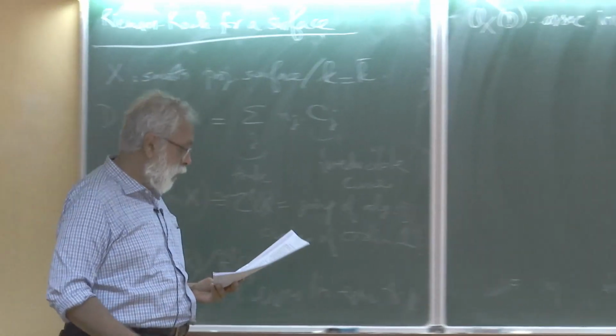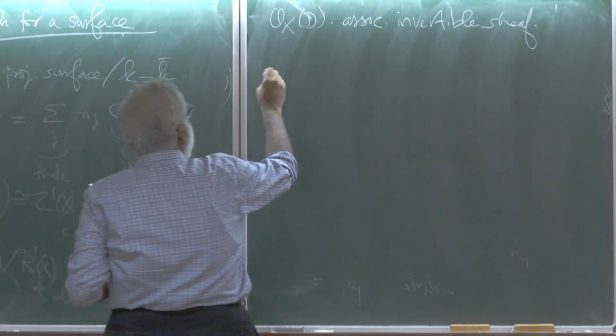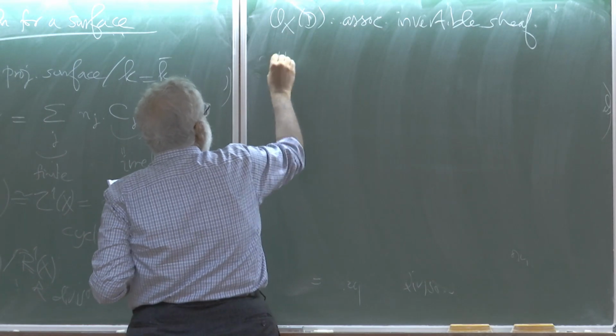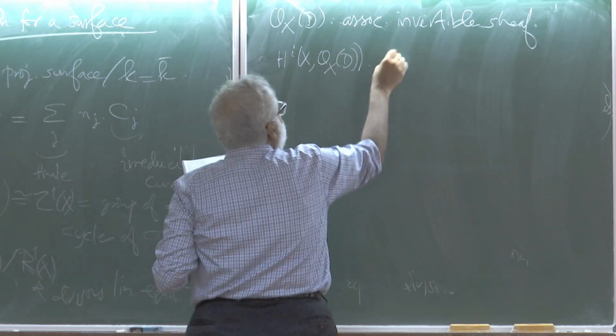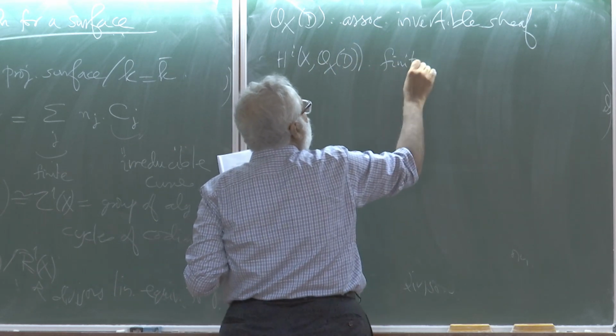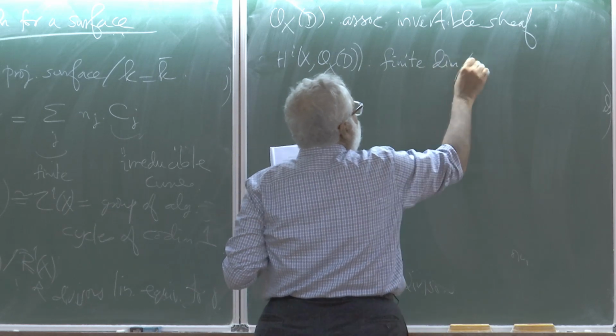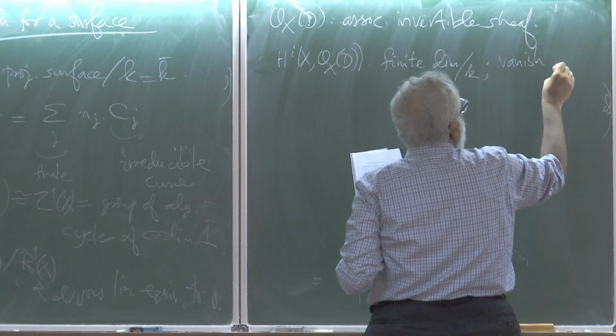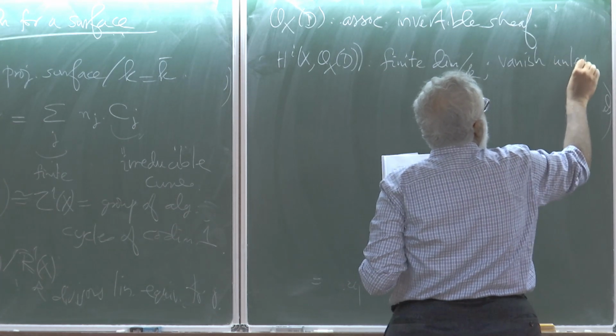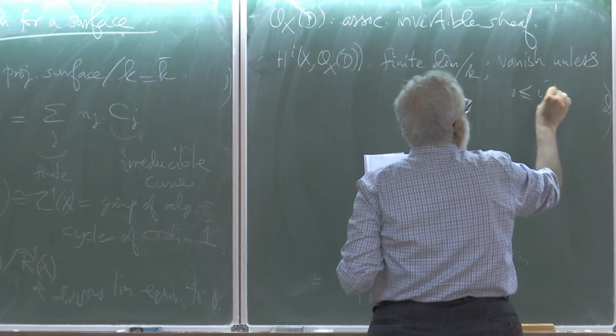So I have an associated invertible sheaf. Then I can again talk about its cohomologies, H^i(X, O_X(D)). These are again finite dimensional, and vanish unless 0 ≤ i ≤ 2.